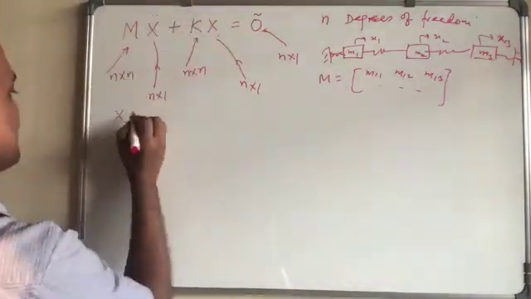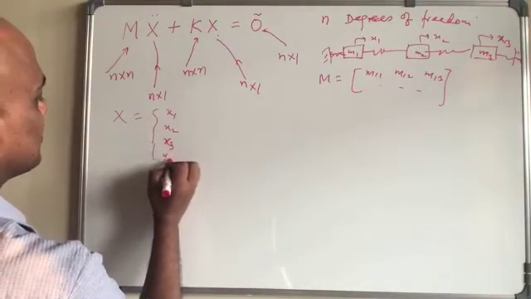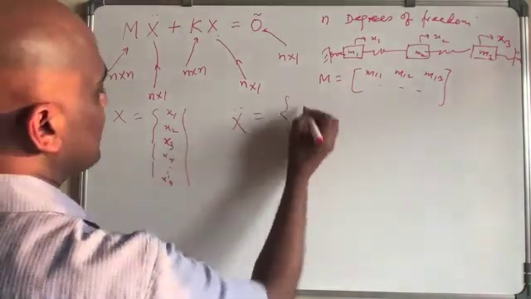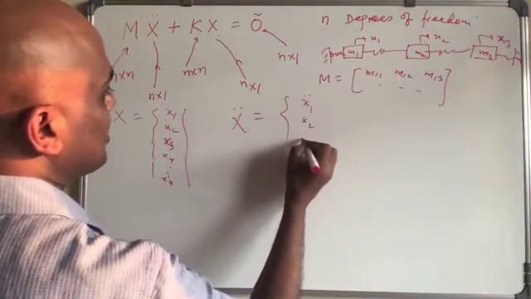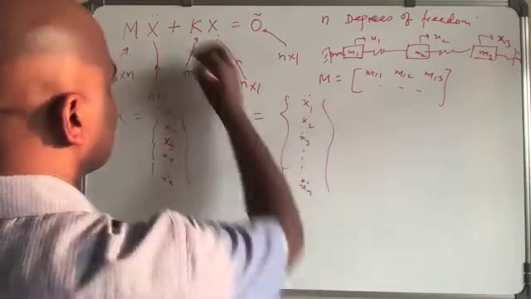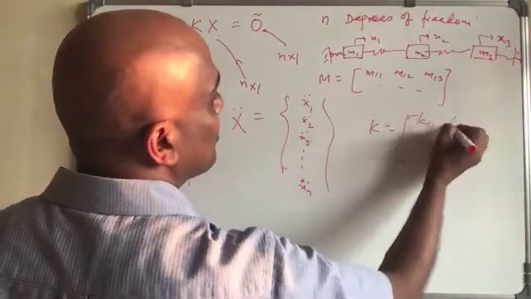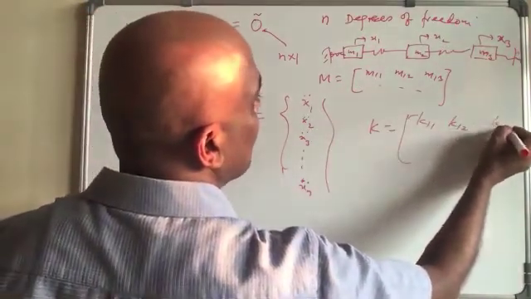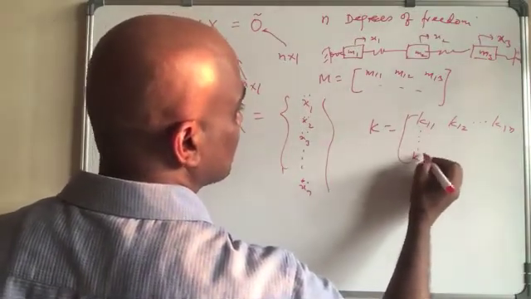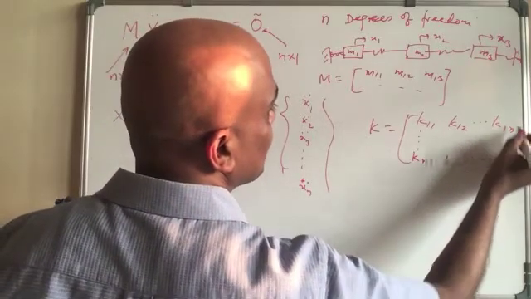This x is equal to x1, x2, x3, x4 to xn, and x double dot is equal to x1 double dot, x2 double dot, x3 double dot, and so on till xn double dot. And this is the meaning of it. And similarly, K will have K11, K12 till K1n, and similarly here we will have Kn1, Kn2 till Knn.